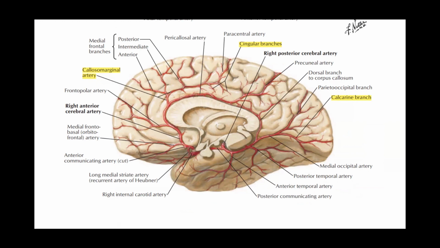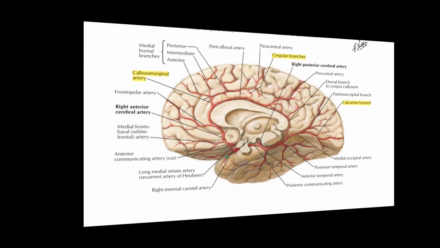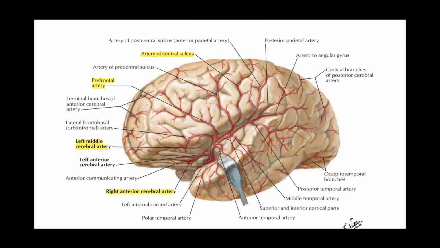Okay, so the posterior cerebral artery usually supplies most of the occipital lobe, as we can see. That's the posterior cerebral there. And you can see it's giving blood supply to most of the occipital lobe and even the inferior part of the temporal lobe. The middle cerebral artery is there.